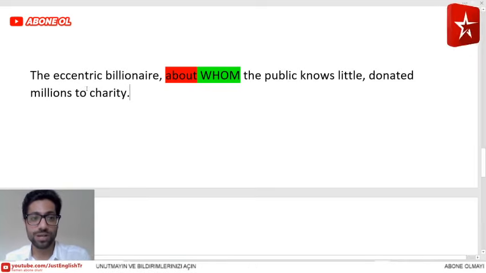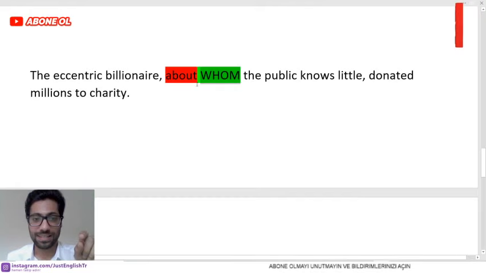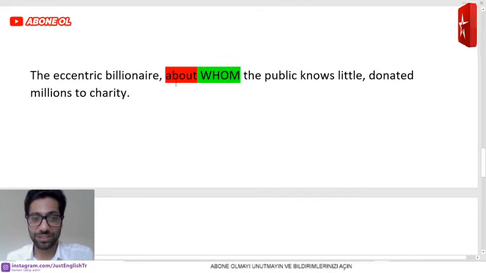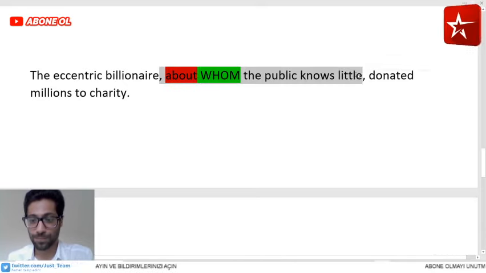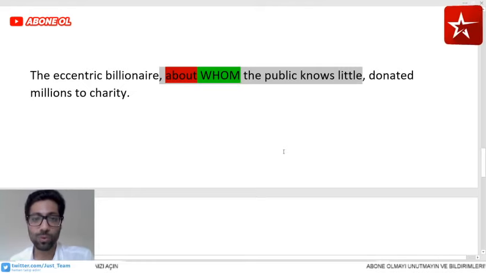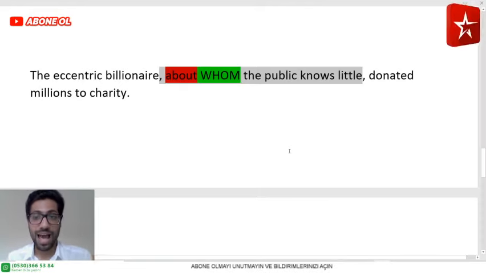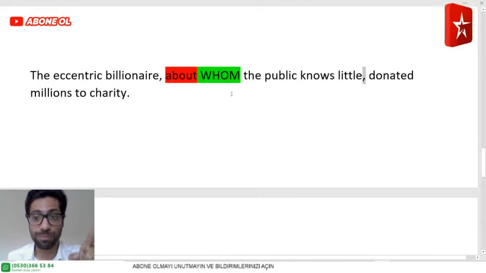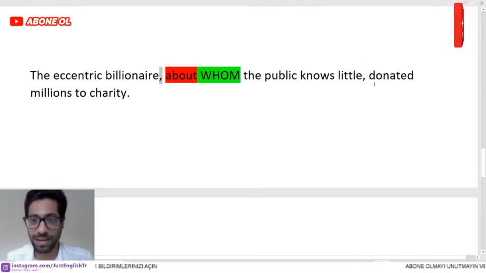The eccentric billionaire about whom, remember, whom is the object here. The eccentric billionaire about whom the public knows little. So this is the sentence where we are using the adjective clause, and it's surrounded by two commas, which means I can delete it and the sentence can still make sense.